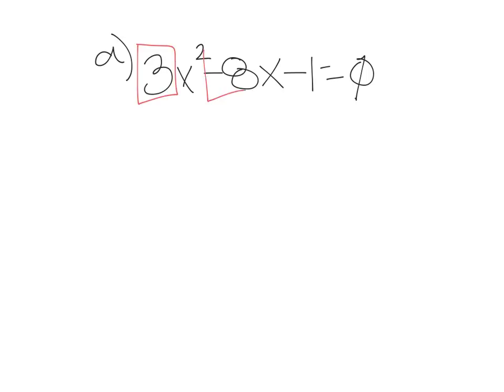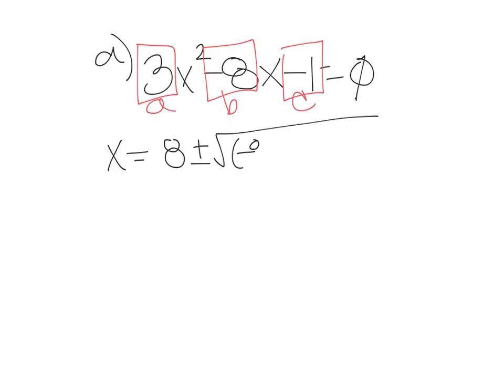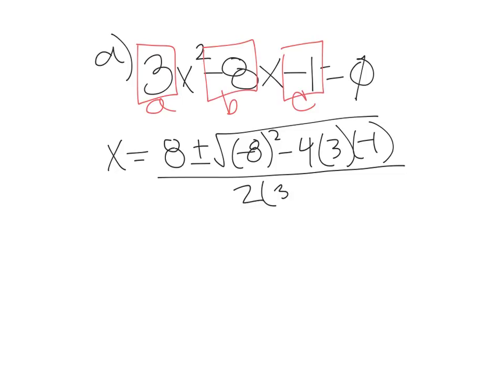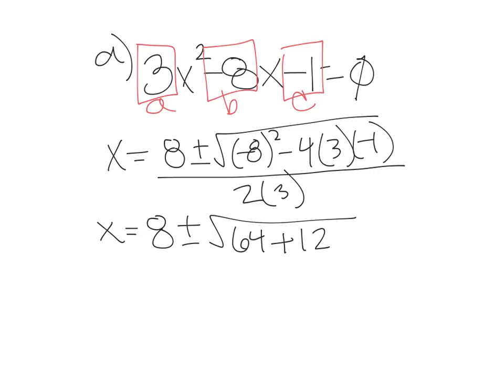Here's A, here's B, and here's C. x equals negative b plus or minus the square root of b squared minus 4ac, over 2a. 8 plus or minus the square root of 64, this is going to give me plus 12, over 6.